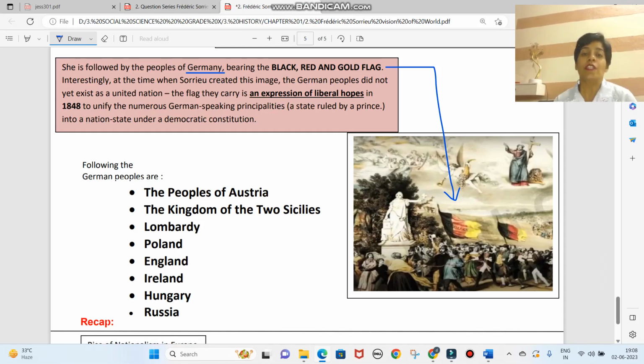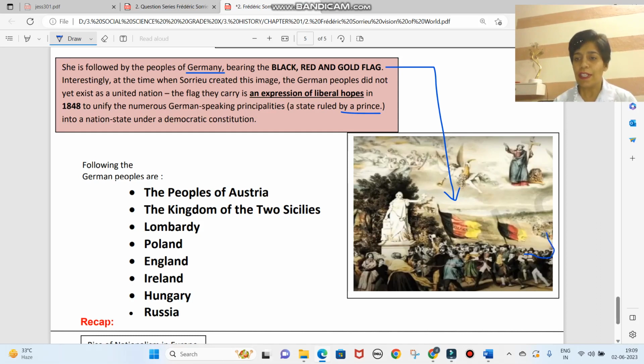The flag they are carrying, of black, red, and gold, is an expression of liberal hopes to unify numerous small regions, that is principalities, which were ruled by a prince or monarch.